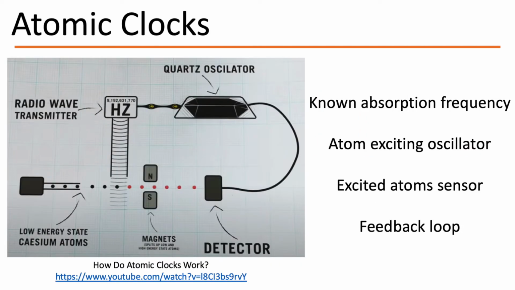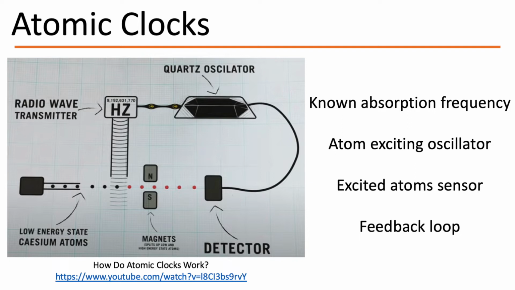So I want to start our discussion of clocks with the atomic clock. This is a feedback loop which uses some type of either transmitter or laser to excite atoms. We want to excite the atoms to their frequency of maximum absorption.